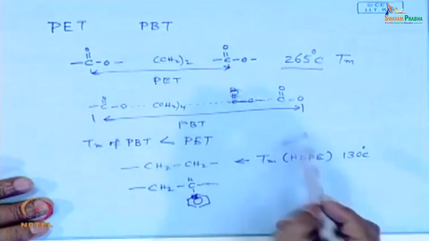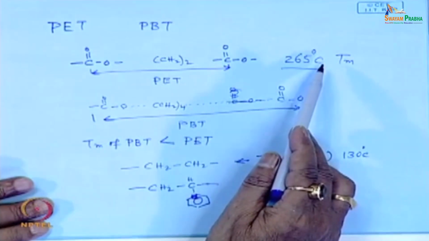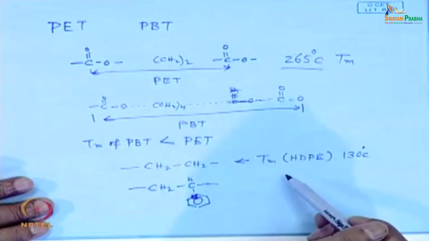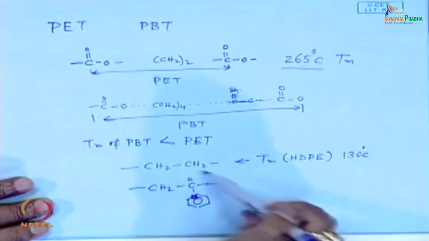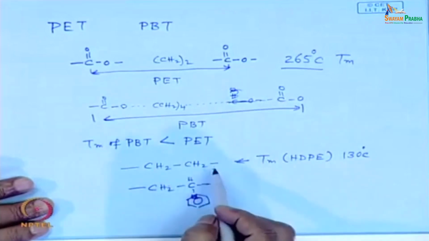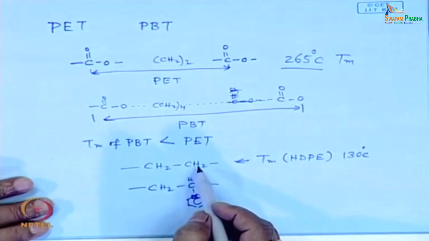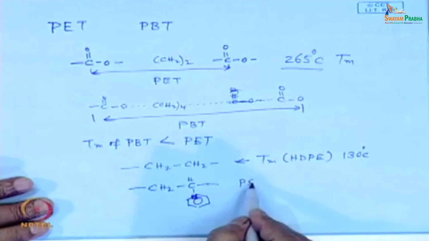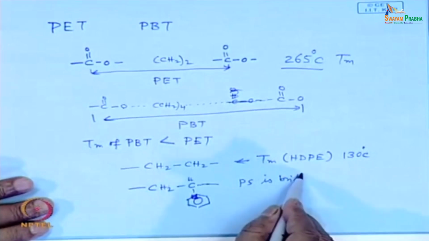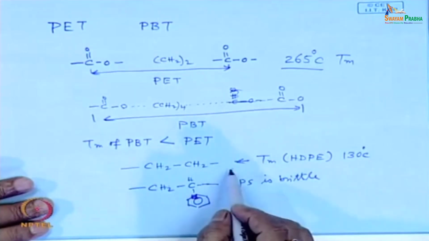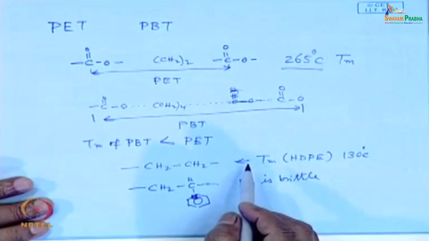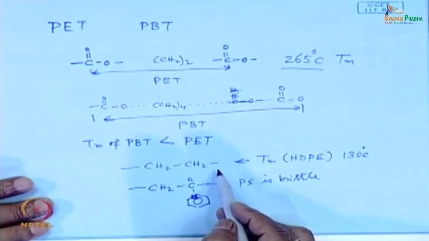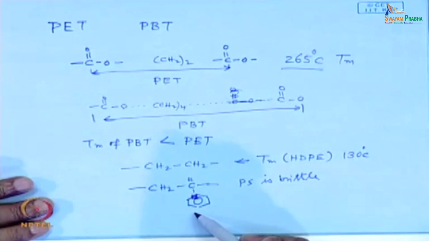So, this becomes rigid at ambient condition as compared to this one, although this is rigid because of its smaller size, but there are other polymers which are not that rigid. Again, if you compare this polymer with this polymer, it is rigid as well as brittle. This polystyrene is a brittle polymer, whereas polyethylene is a tough and strong polymer. It can absorb impact energy, whereas polystyrene cannot.